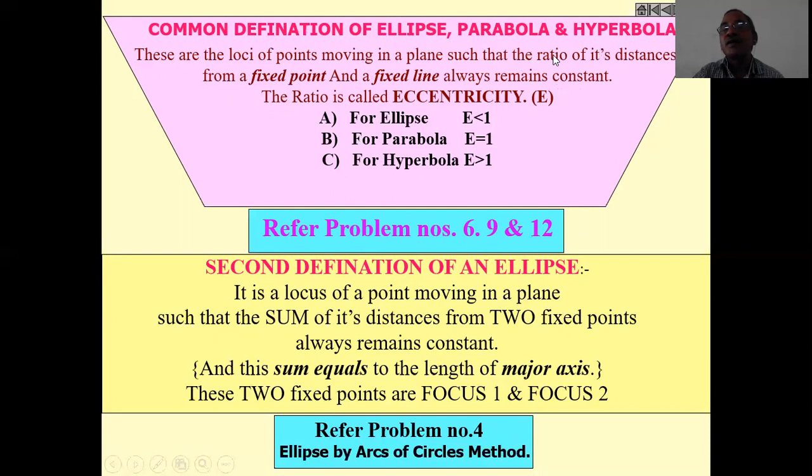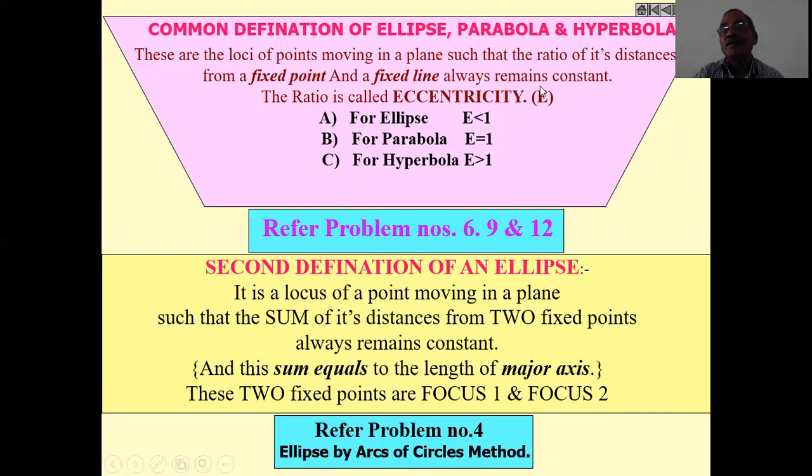What is that ratio? It is the ratio of the moving point's distance from the fixed point to its distance from the fixed straight line. That ratio should be maintained constant while finding the various positions of the moving point. This ratio is called eccentricity.